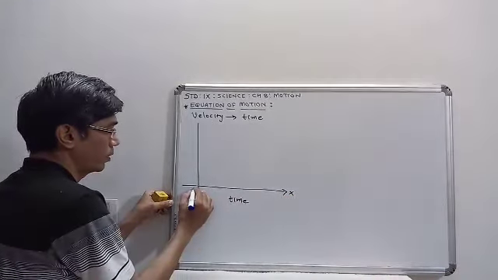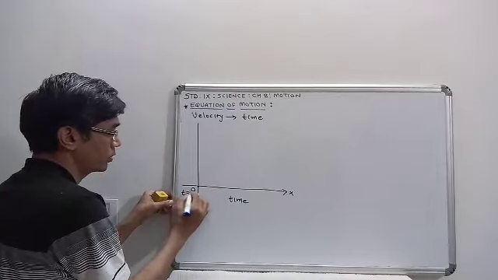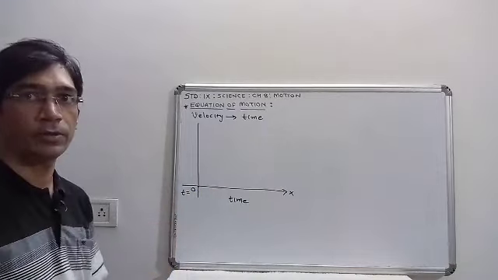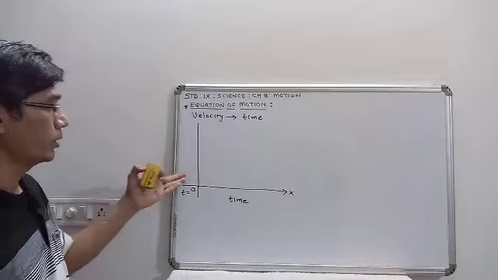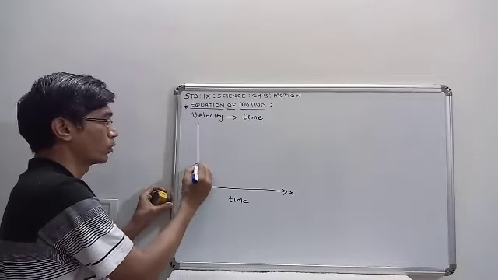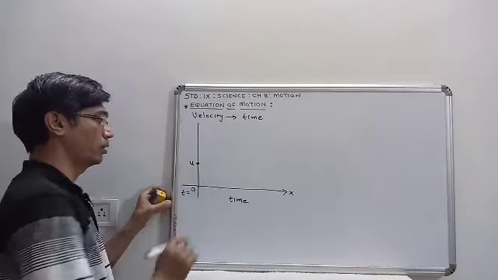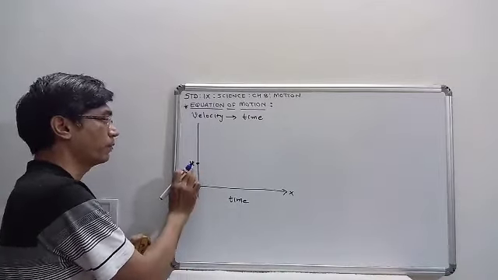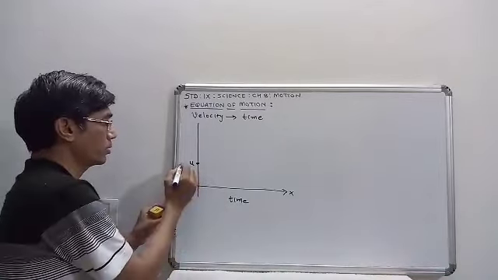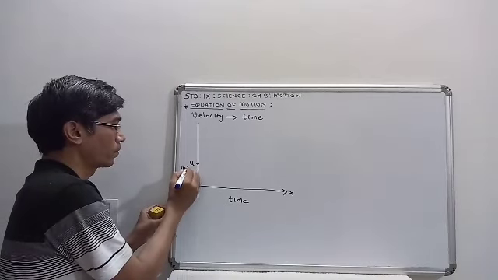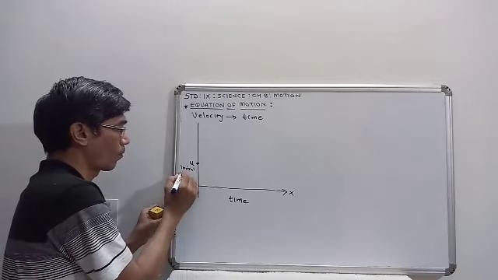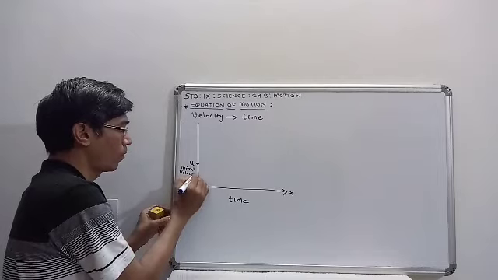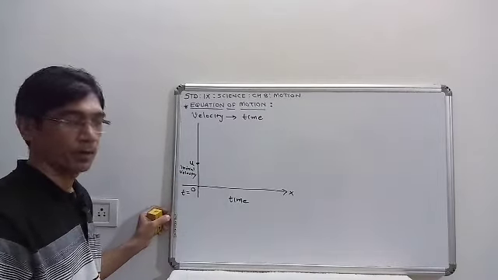Let us take this as t equal to 0. At t equal to 0, we are taking the initial velocity u. At the initial time, the object is already moving with some velocity, that is the initial velocity.